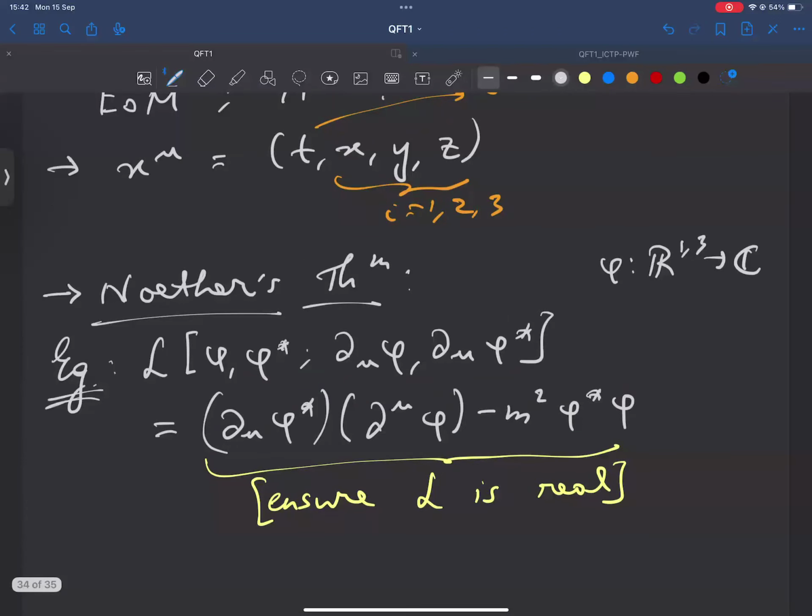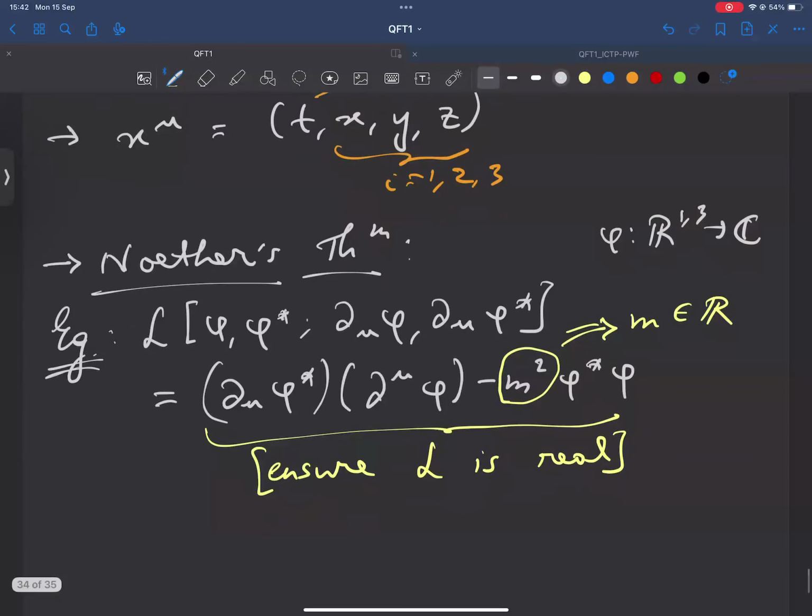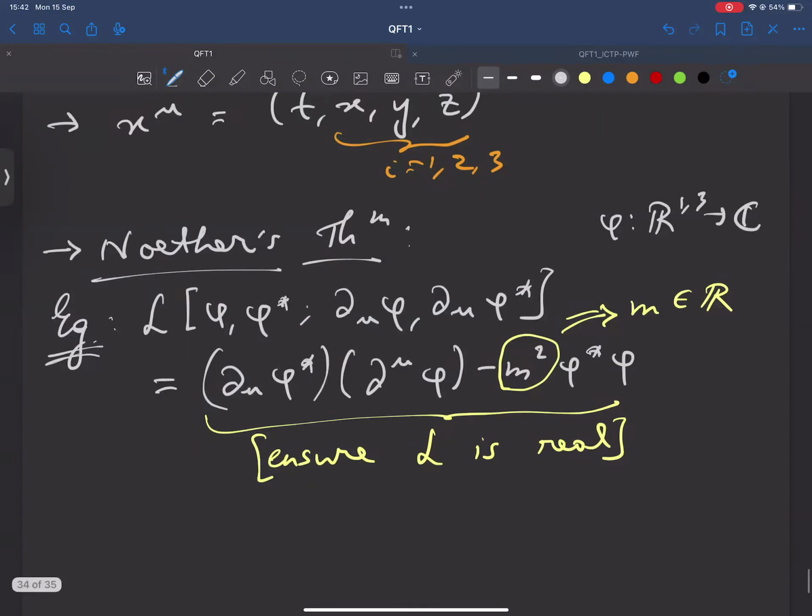That directly enforces that whatever parameters like m and other things that you write will also be real. And that's important, right? Because m, let's say, is like the mass of the field, as we will see. Okay, so I won't discuss that now. Sorry, let me move forward.